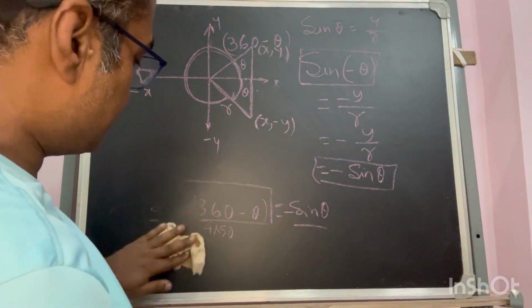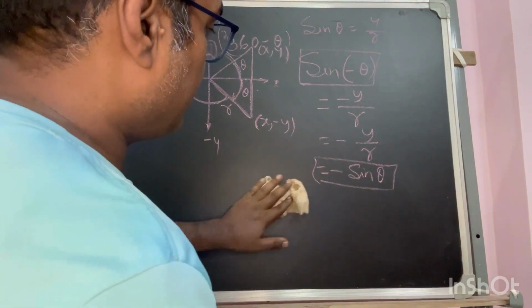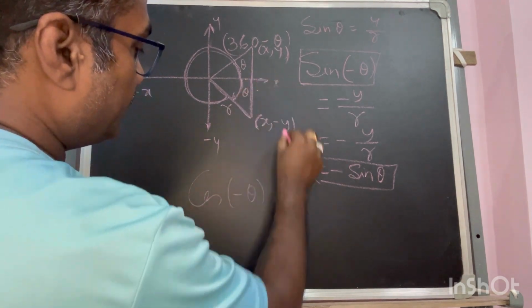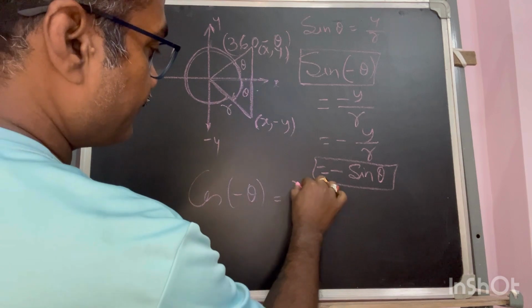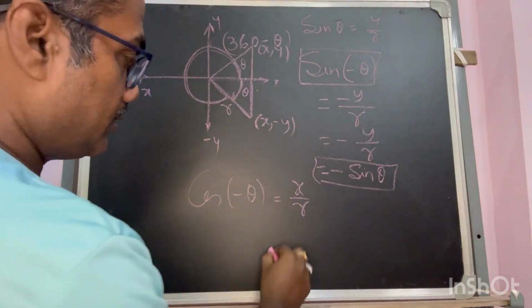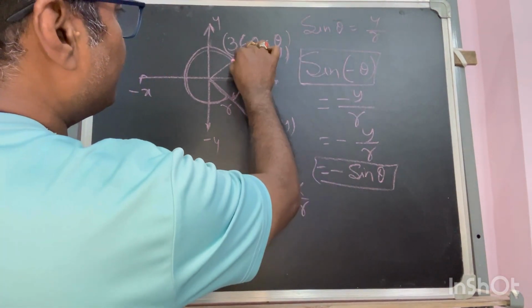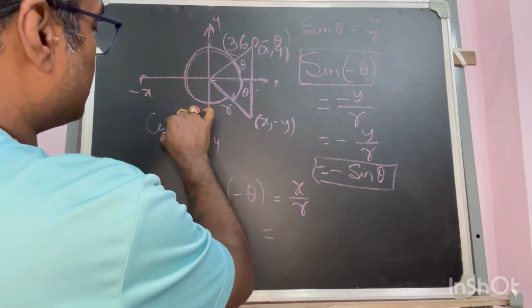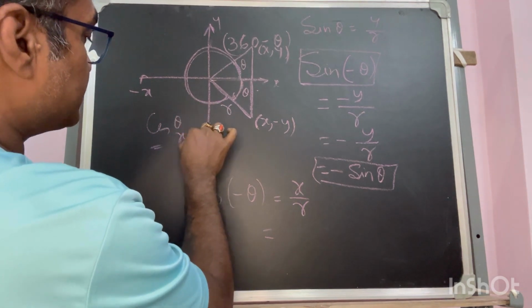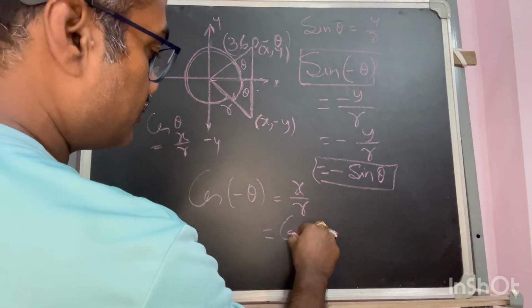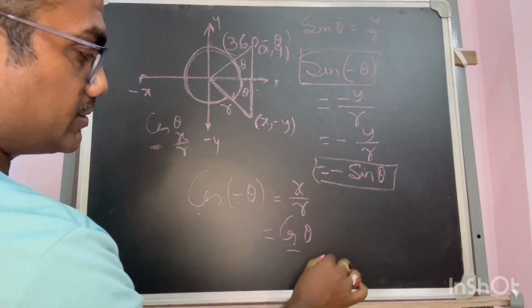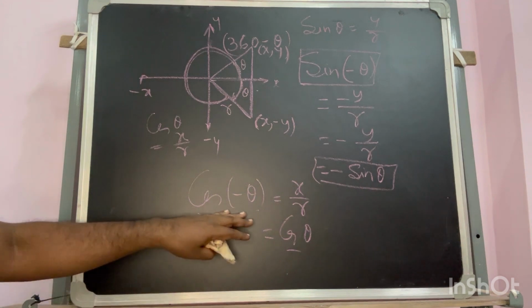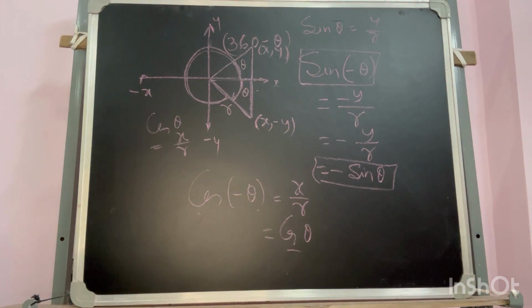Now if I consider the case of cos of that same angle, minus theta, what would be the case? Cos is the base by r. In the first quadrant, if the equivalent angle is theta, cos will be x by r, so cos of minus theta is cos theta. This is universal: sine of minus theta is minus sine theta, and cos of minus theta is equal to cos theta.